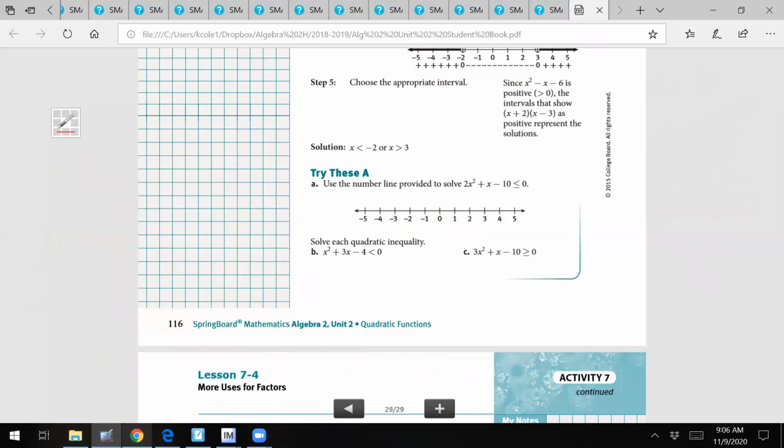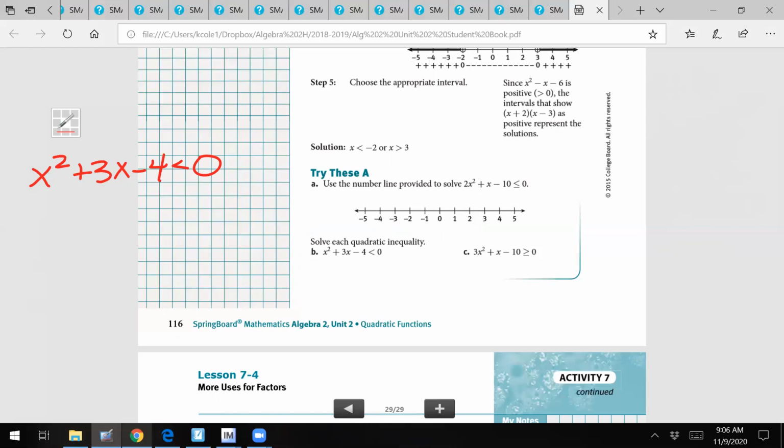Let's look at B. B is a very basic problem. It does not require slip and slide.